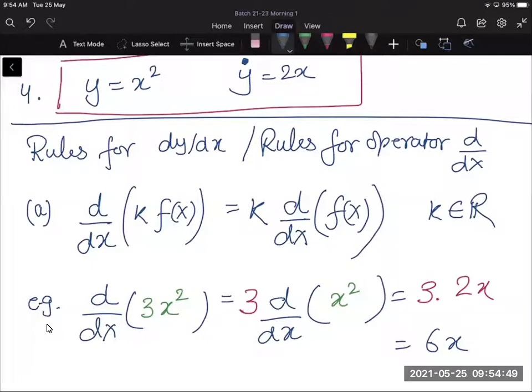Okay, this is the way that you'll handle numbers multiplied. Please notice that these numbers must be multiplied to the function.